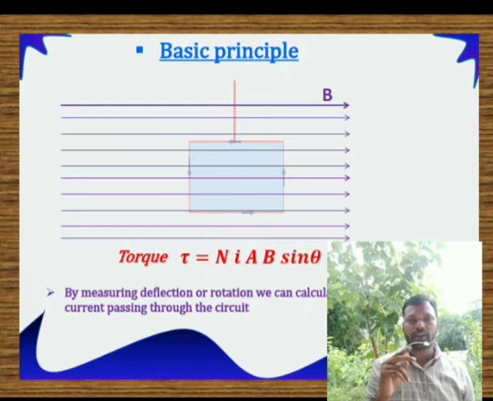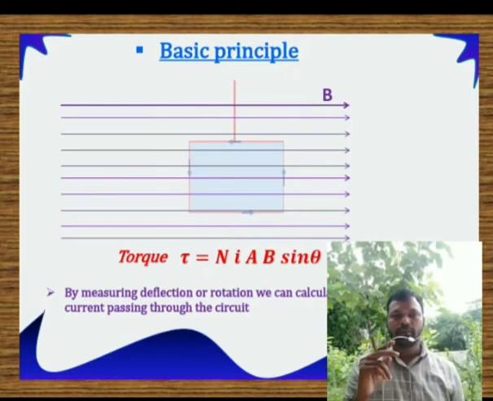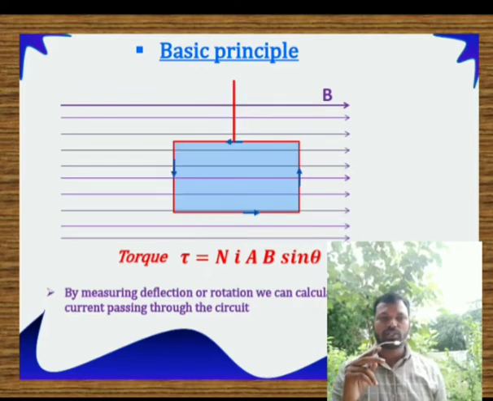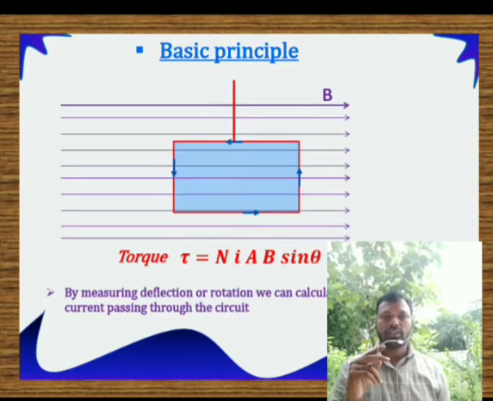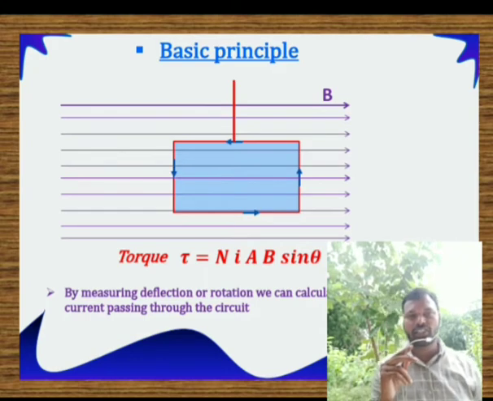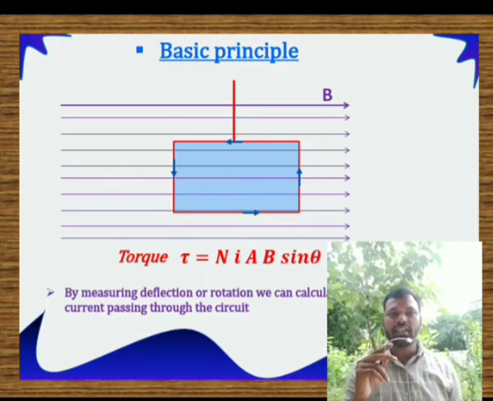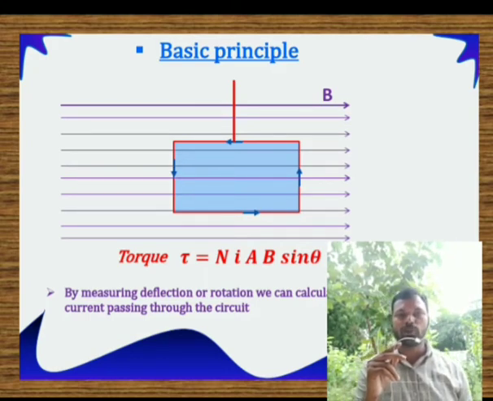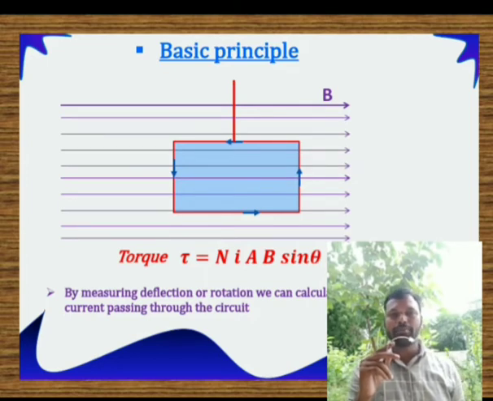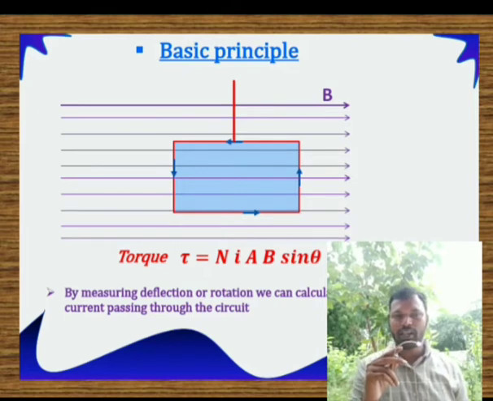Due to that torque, the coil starts oscillating and undergoes rotation. By measuring the deflection or rotation, we can find how much current is passing through the coil. This is the basic principle of the moving coil galvanometer.